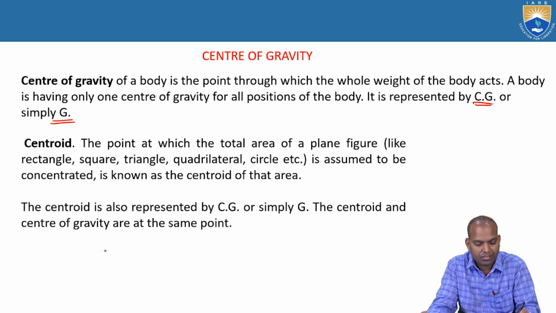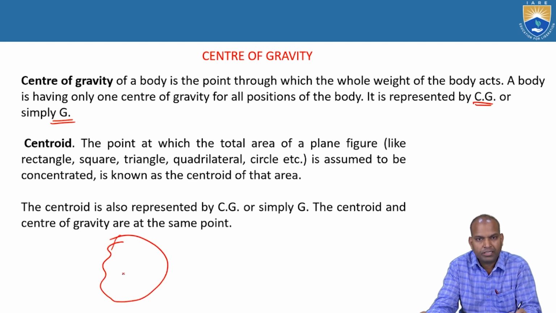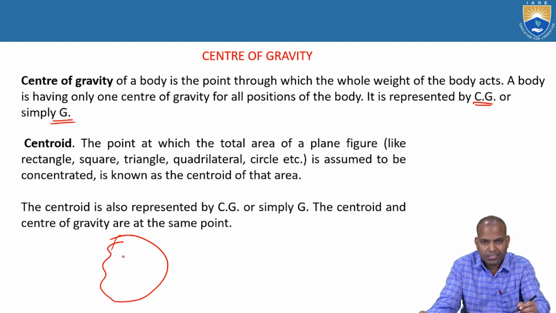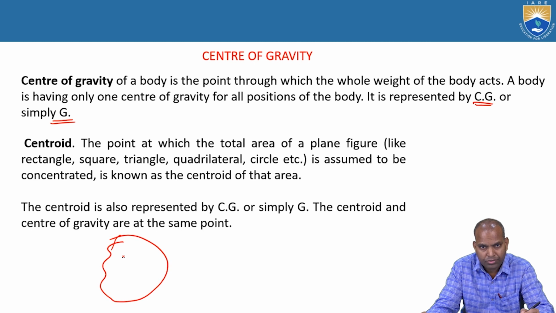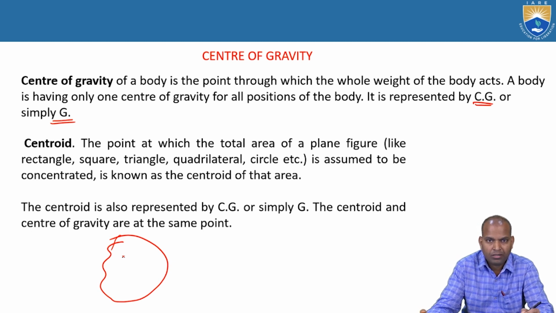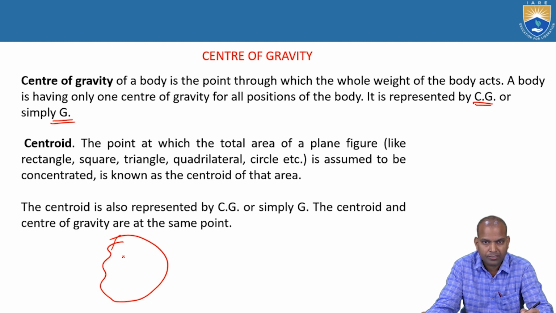Suppose there is an arbitrary section. How do we find the centroid or center of gravity of this plane? Generally, the term centroid is used for plane sections, and center of gravity is the term used for solid bodies or sections which have some weight.